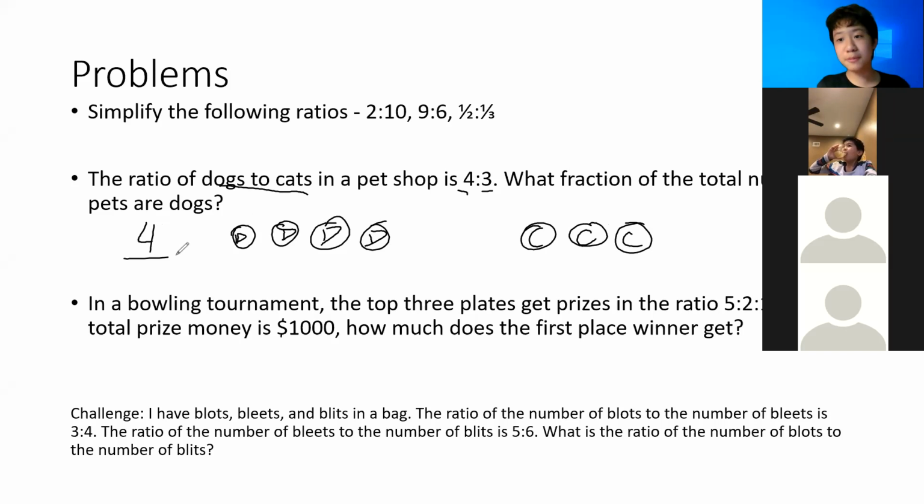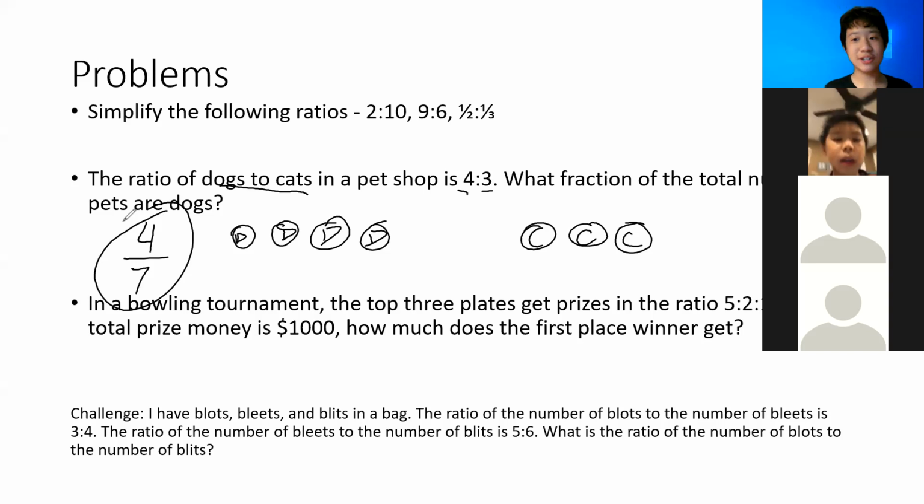But how many total pets do we have? 1, 2, 3, 4, 5, 6, 7. So the fraction that is dogs is the number of dogs over the total. These problems want to trick you, so you've got to be careful. Does everyone get how this works? So this is 4/7, not 4/3.